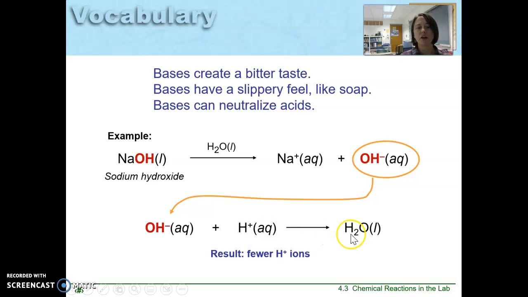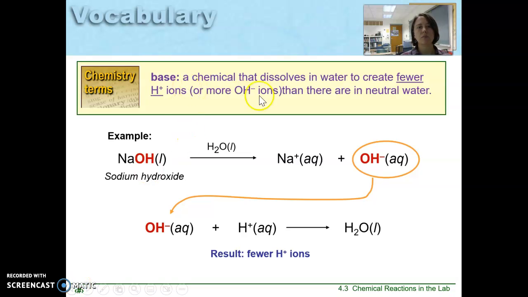And then it's going to make water. So I actually have fewer hydrogen ions. And that's what happens when you add a base, is that your hydrogen ions go below what natural water has, what neutral water has.